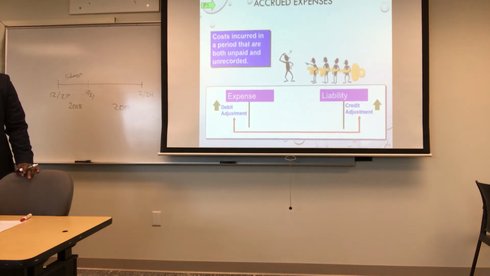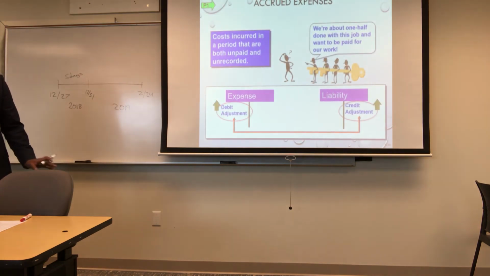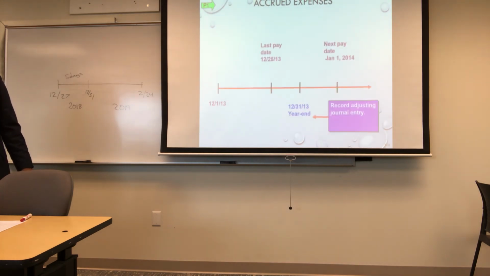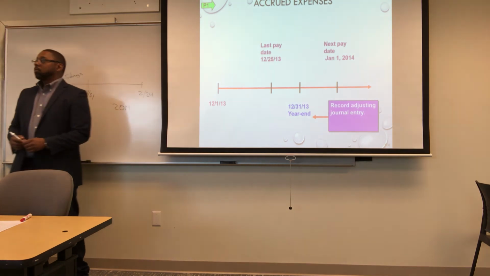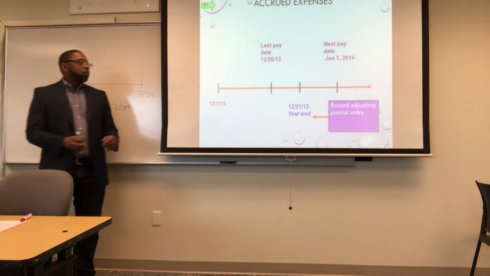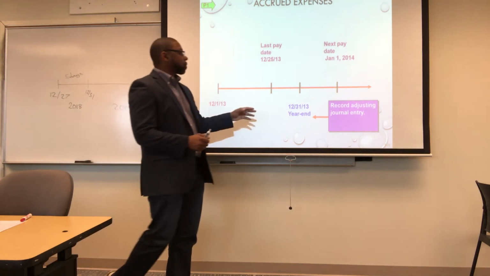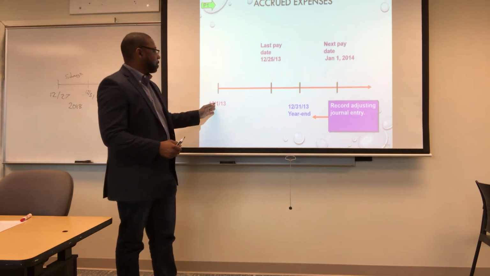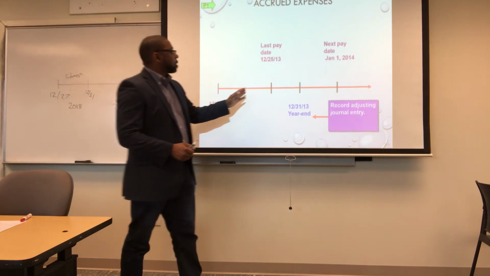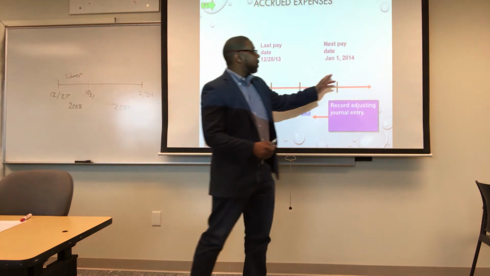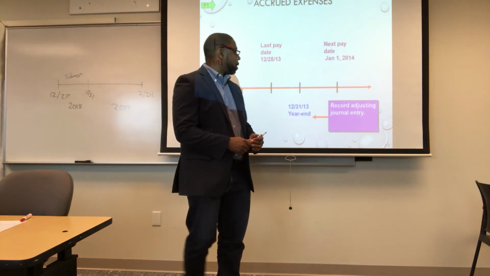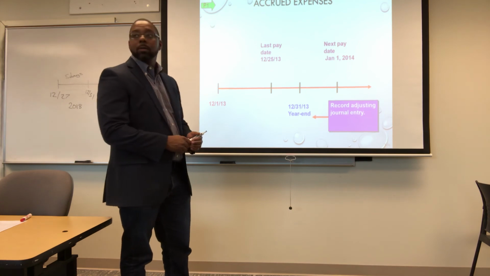Let's do another one. Accrued expenses, right? So this is another timing issue, and this is about wages, right? So individuals can be working, right? So they last got paid on December 25th. The next pay date is January 1st.